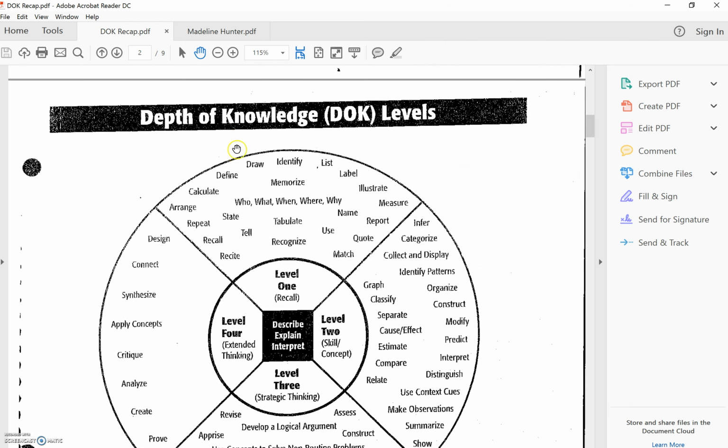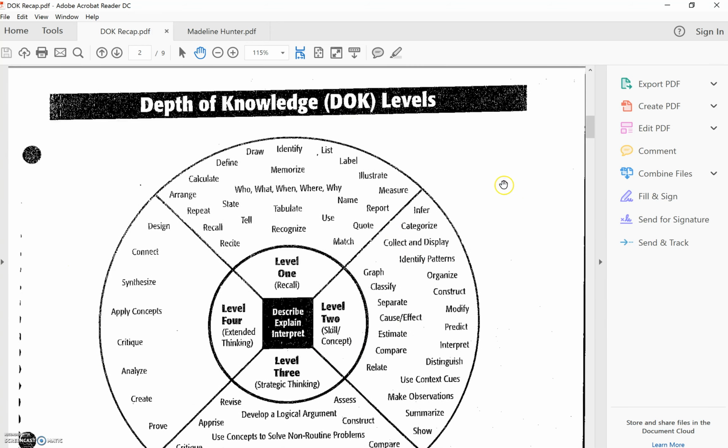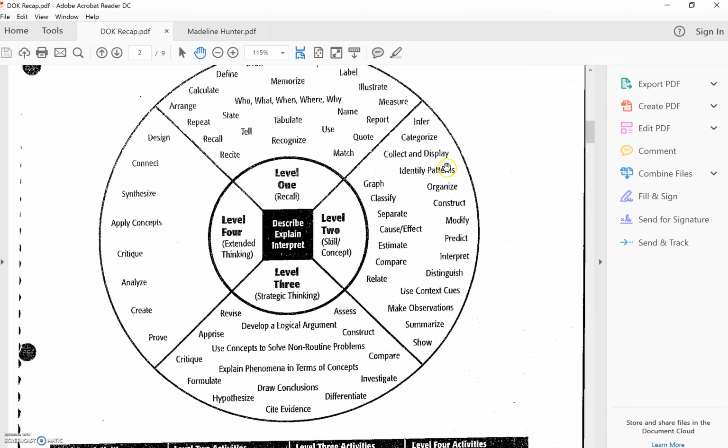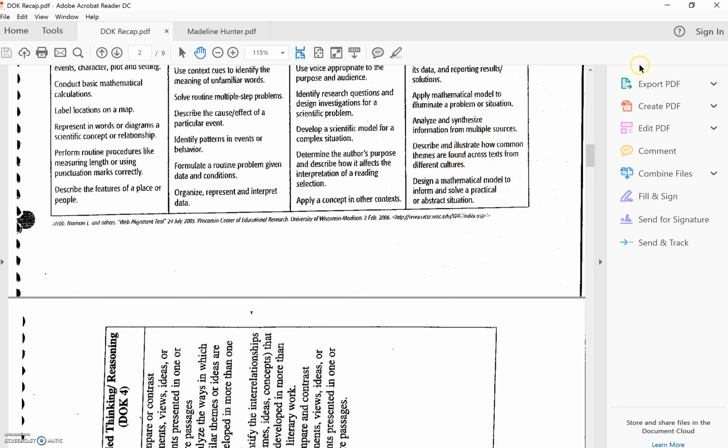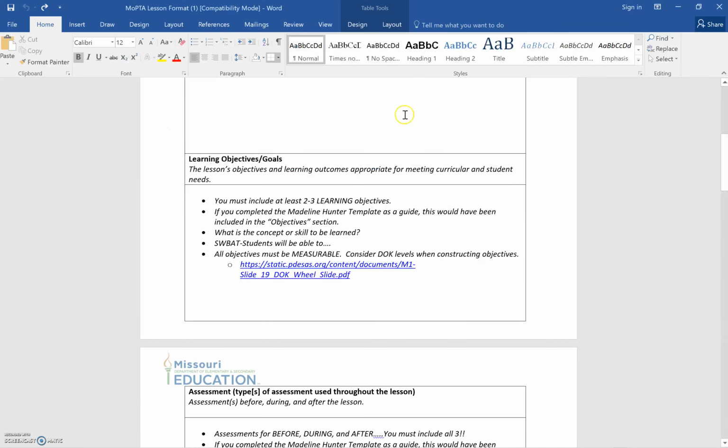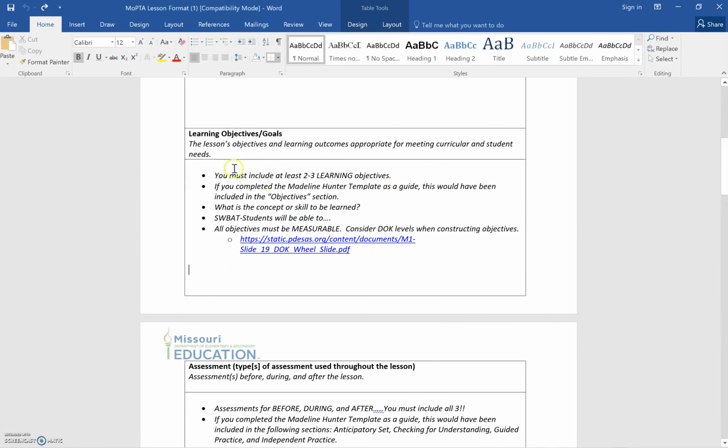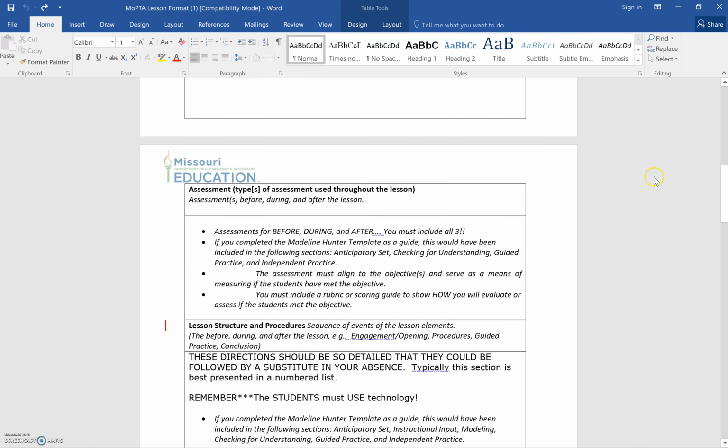I also like to point out that this chart has some great keywords for writing those objectives. The students will be able to identify, memorize, recognize, categorize, assess, analyze. Those are key words. And when you say "the students will be able to," that next word is so critical. So please consider consulting this chart when you're putting together your objectives. Once again, delete out my verbiage, put yours in there, and it'll be more professional.